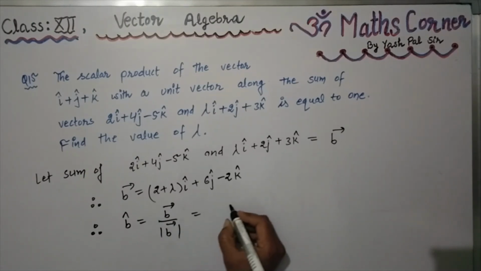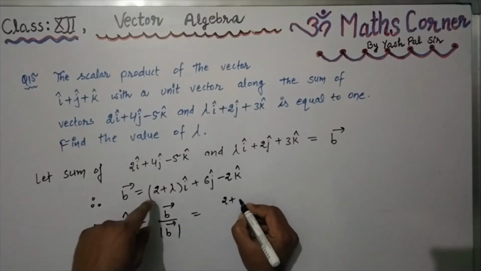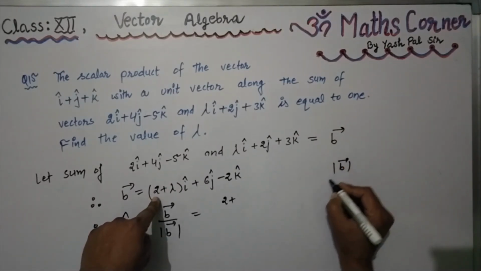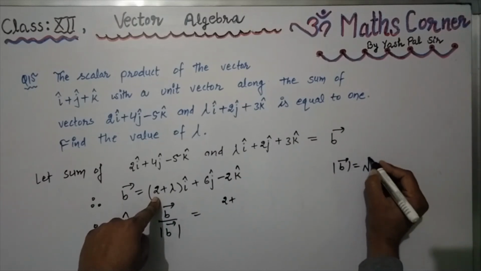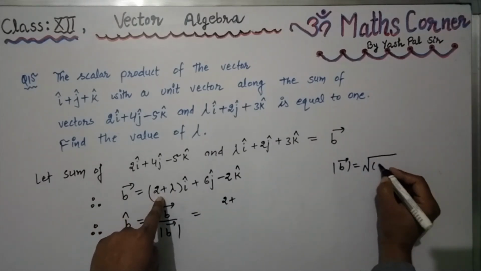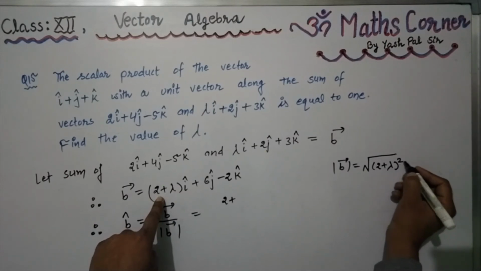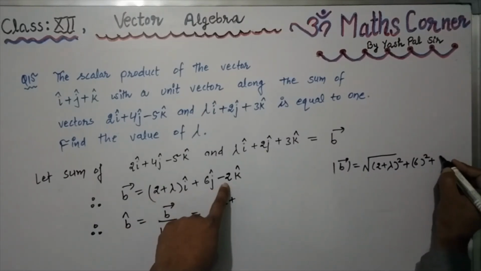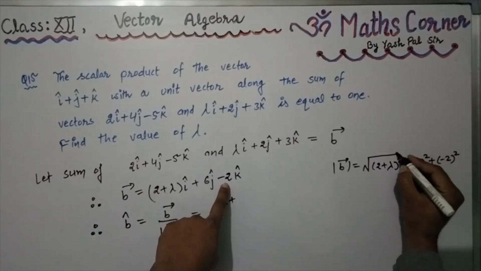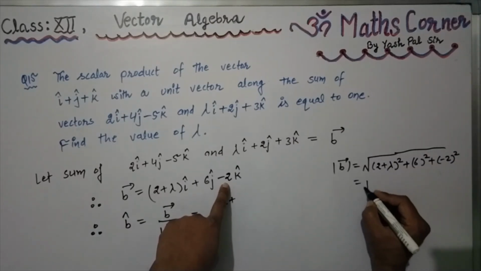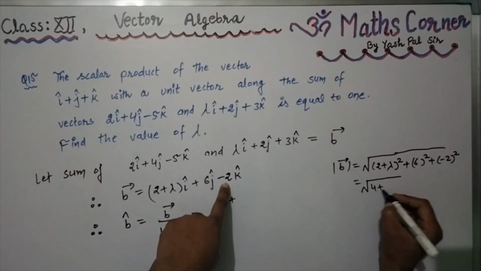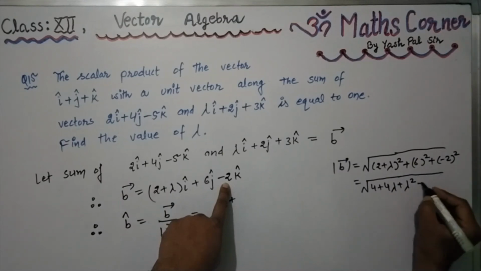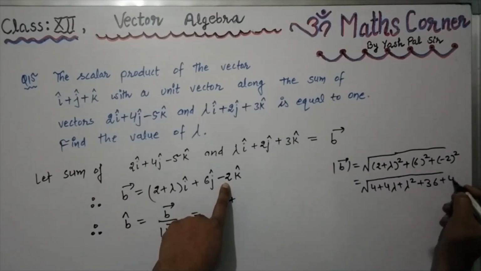Now what is the unit vector along the sum? So B cap means vector B divided by magnitude of vector B. Here we find magnitude of vector B, which is equal to square root of (2 plus lambda) whole square plus 6 whole square plus minus 2 whole square.